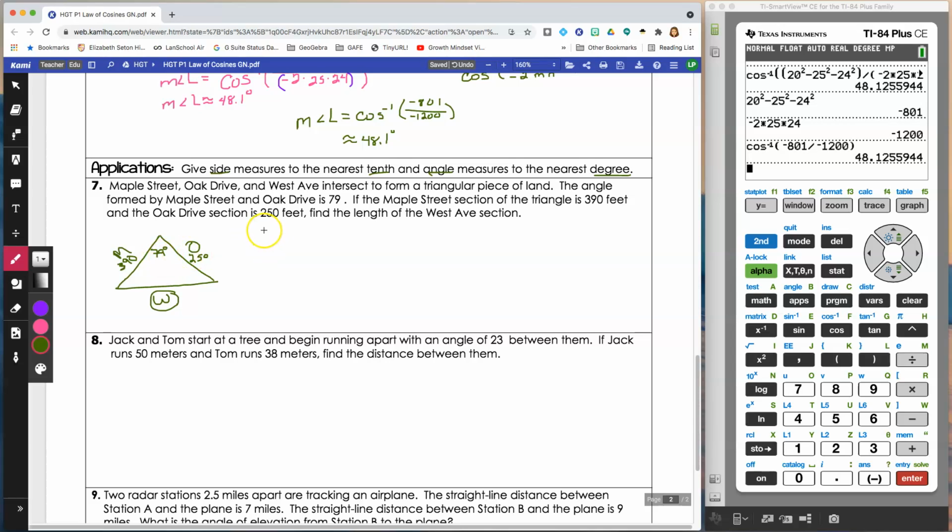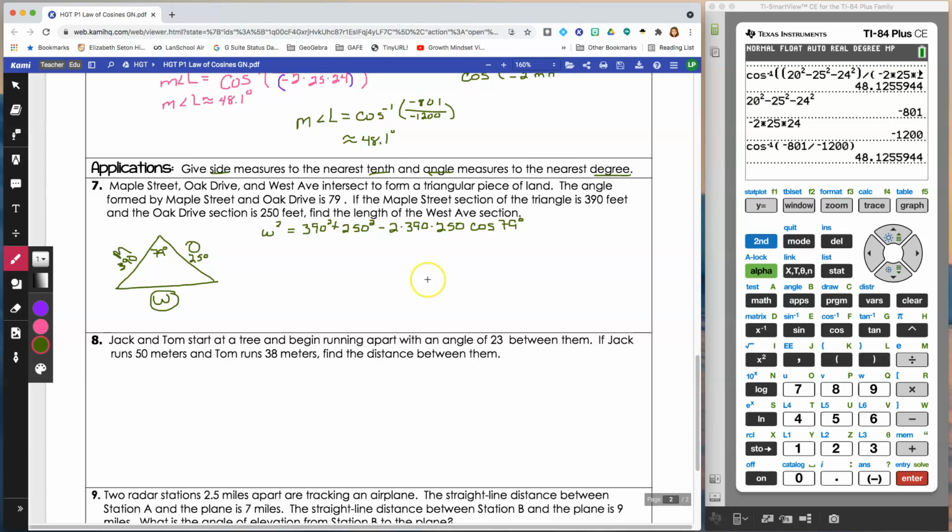So what our equation will look like then is that W squared is equal to 390 squared plus 250 squared minus 2 times 390 times 250 times the cosine of 79 degrees.